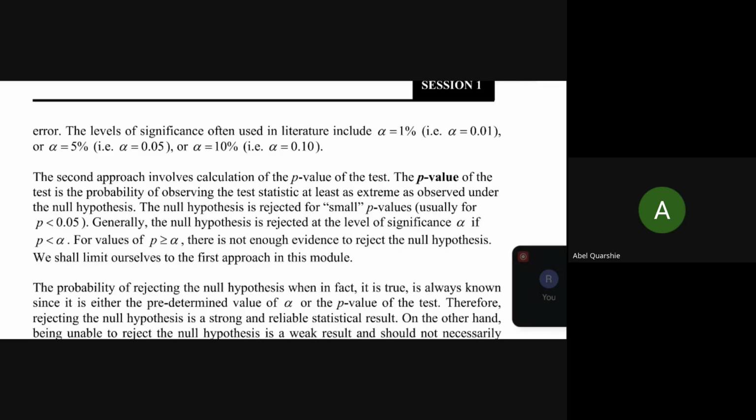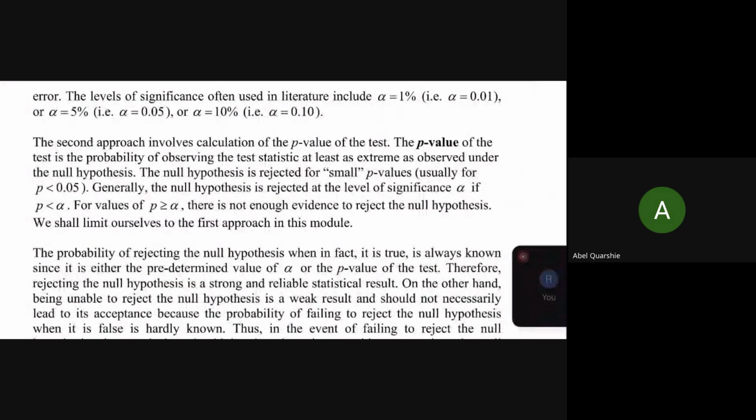And the alpha is going to play a role in the critical region. So I'll connect the alpha to the critical region for you to see. If my confidence level is 95%, then it means my significance level is 5% or 0.05. However, if my confidence level is 90%, then it means my alpha will be what?